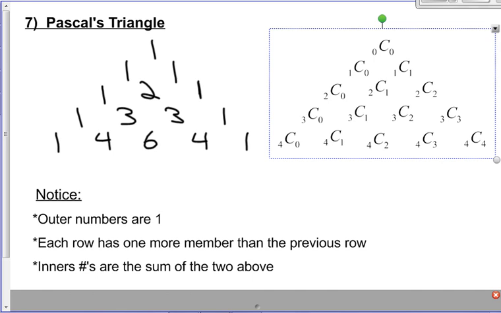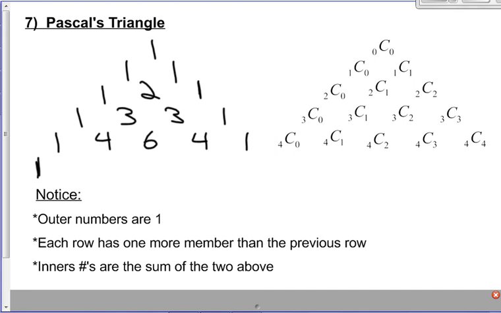So if I needed to make the next row, I'd need some sort of pattern. Here's what I'd know. It starts with a 1 on the outsides. Okay, the outer numbers are 1. And I know that it's going to have one more number than the row before. So the row before had 5 elements. This one's going to have 6. The inner numbers come from the sum of the 2 above them.